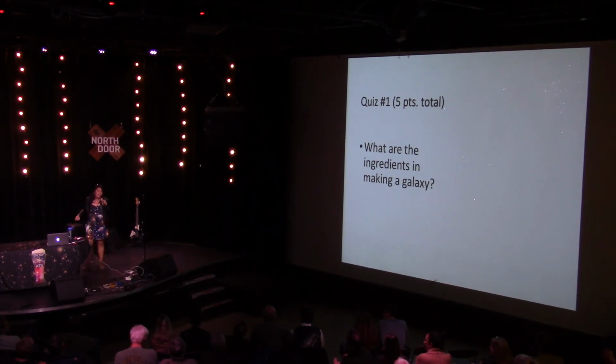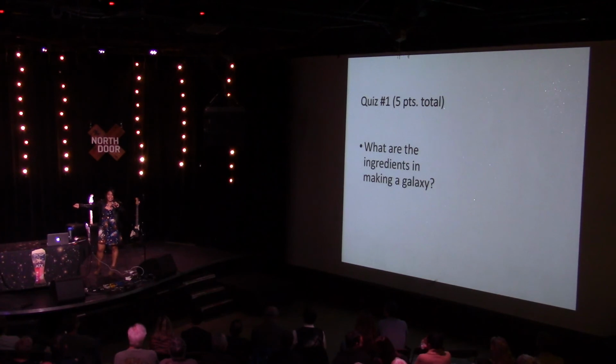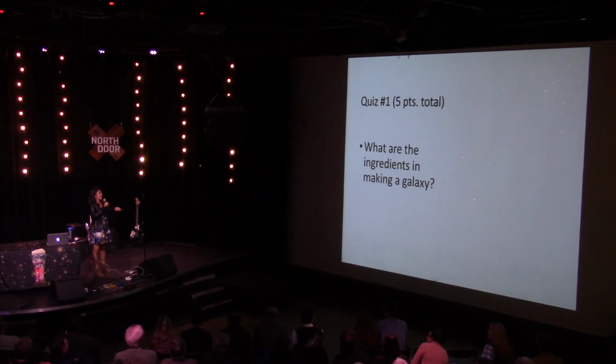I'm just going to give the answers because I'm going to run out of starbursts on the first slide. Gravity is one of the most important things. Stars, dust, gas, dark matter. Right. Okay, we're going to go back to that later.